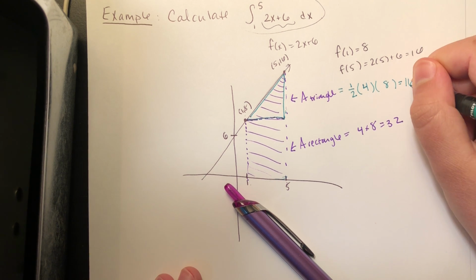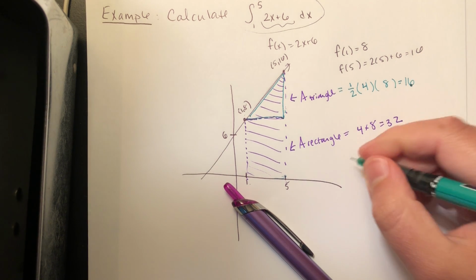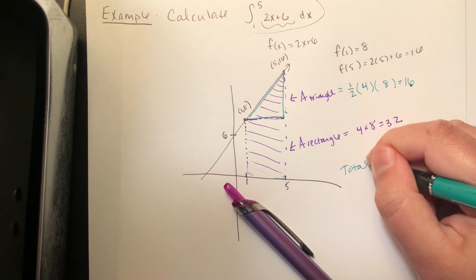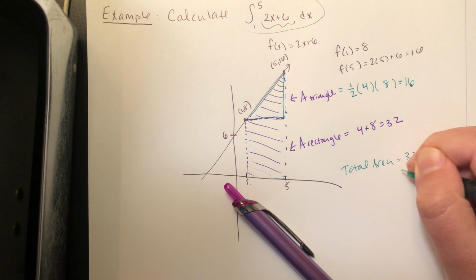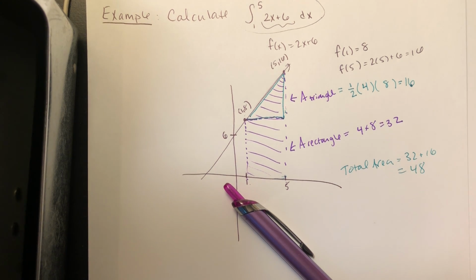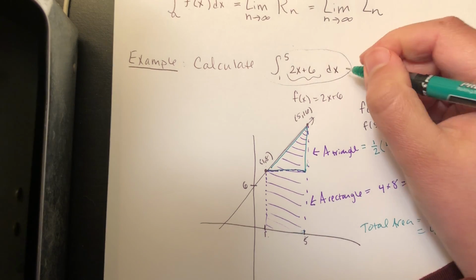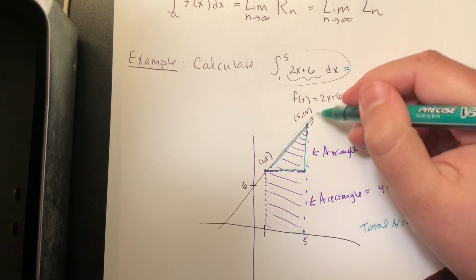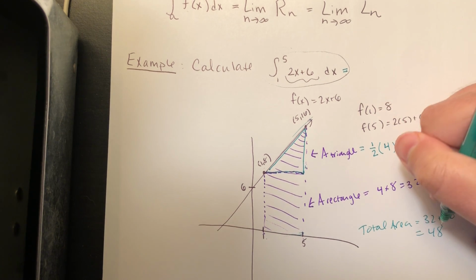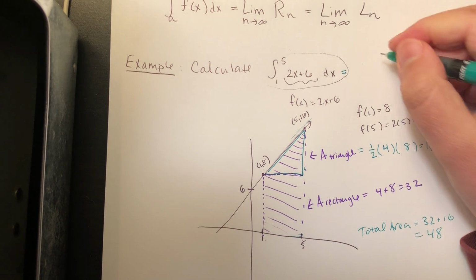So this is 16. And so the total area is 32 plus 16, or 48 units. Okay? And so this definite integral that we're looking at here, this area between the curve, which happens to be a line, and the x-axis, is just given by this exact formula that we had over here.